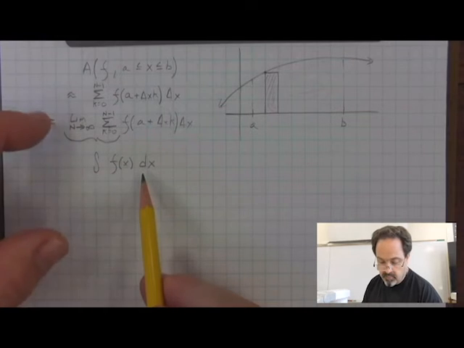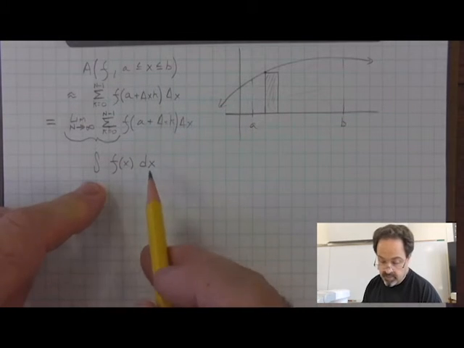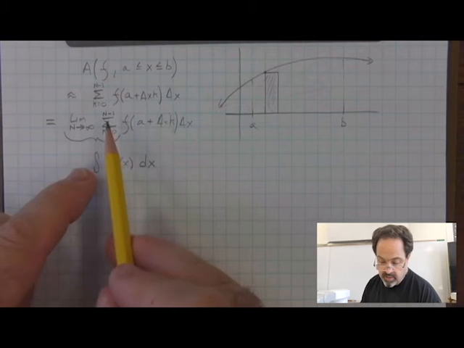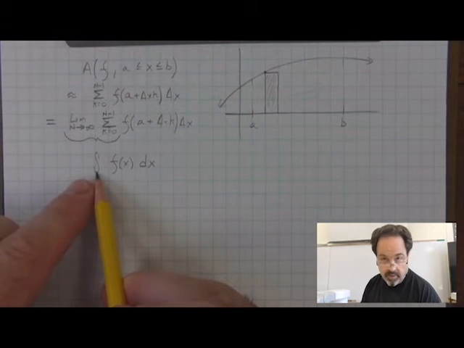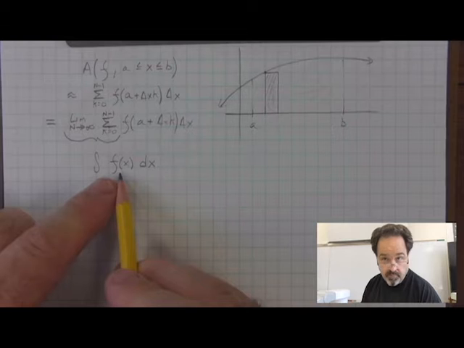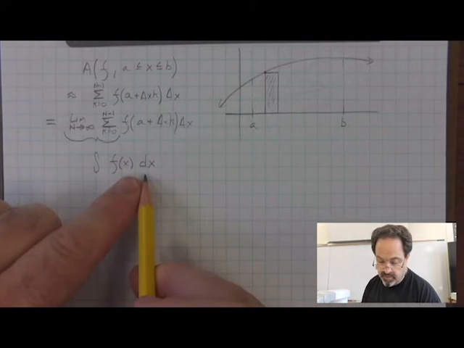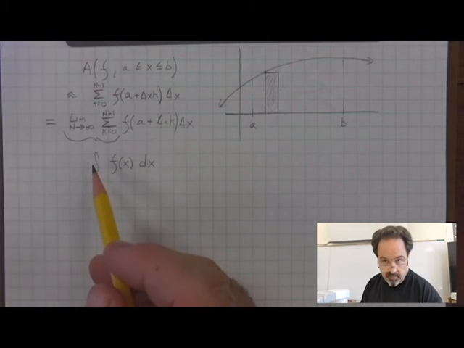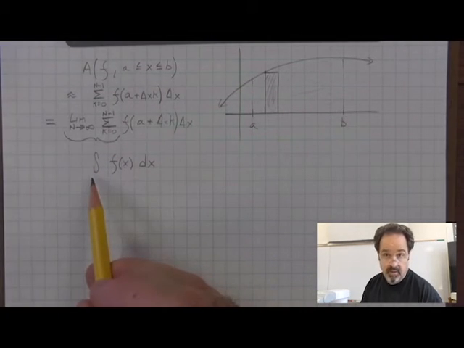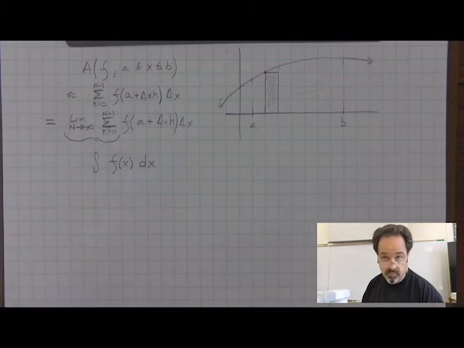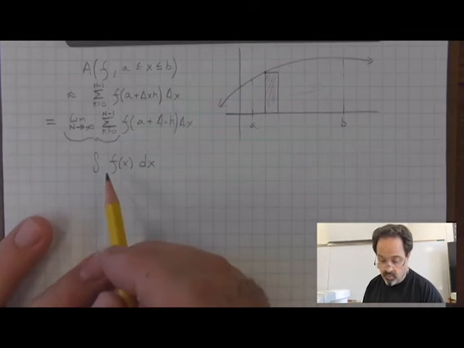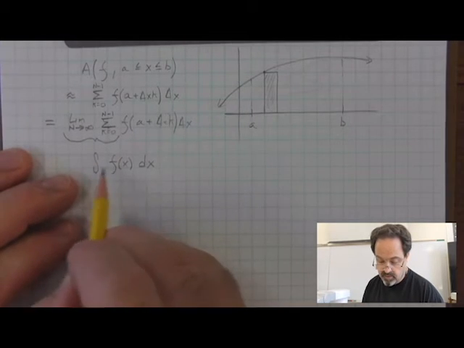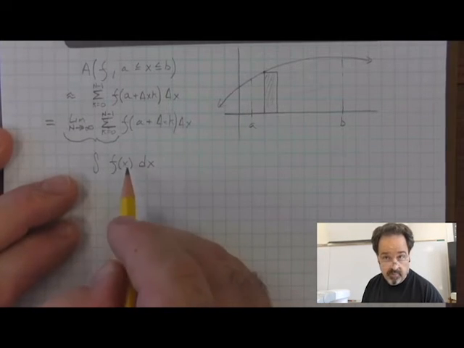So the argument of this new representation still has the components: the sigma has become an elongated s, the function is now just the function unmodified, and the delta x became a dx. This integral symbol encapsulates the concept of summing an infinite number of things. We no longer have to write the expansion of sigma and actually do the calculation by hand. We can work with this as an integral using calculus techniques.